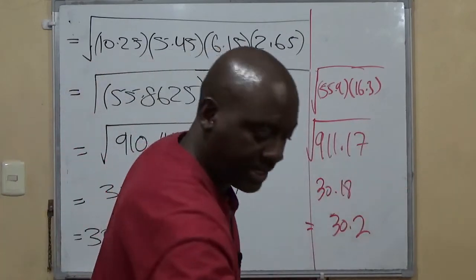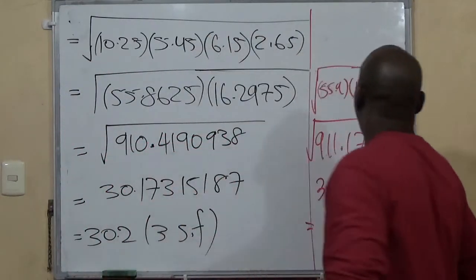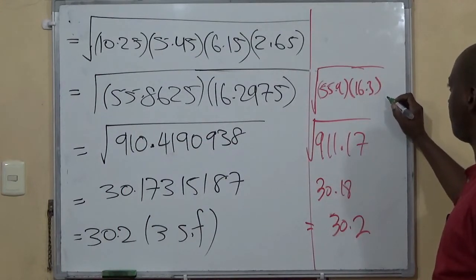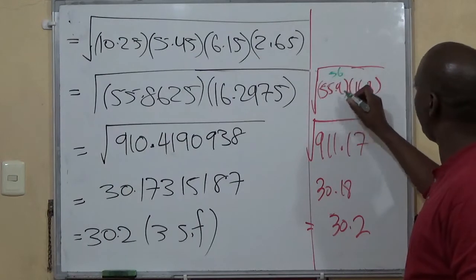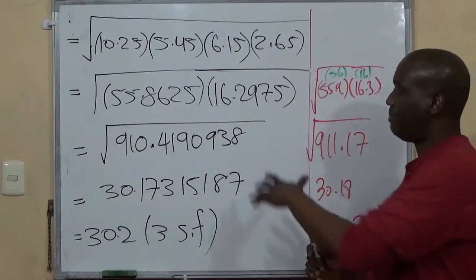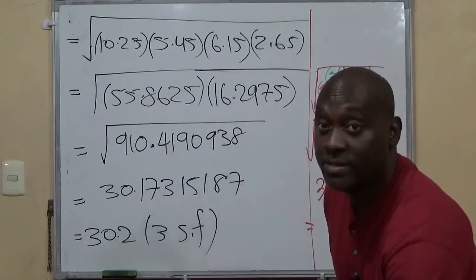Let me do it just to demonstrate. If I go with 56 here and 16 here, you tell yourself you're fed up with them decimals, you only want to work with whole numbers now.